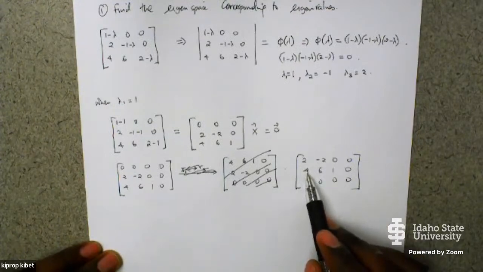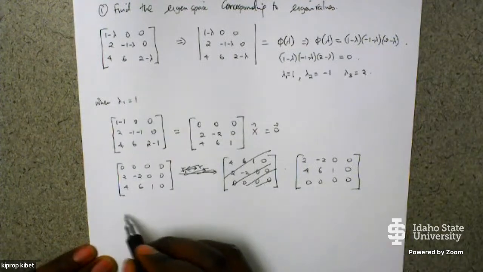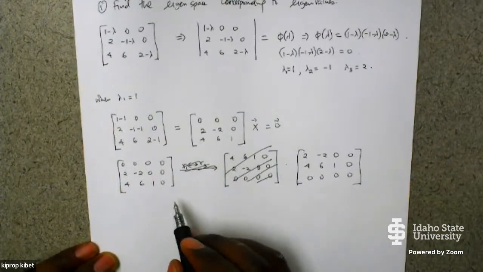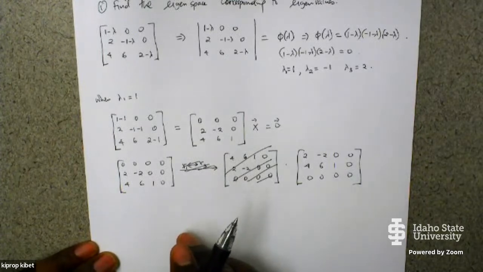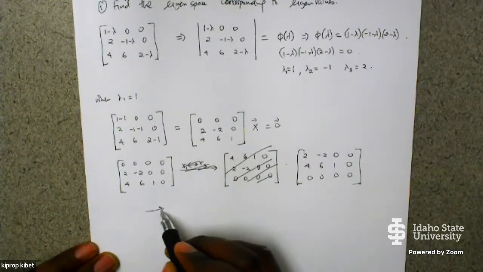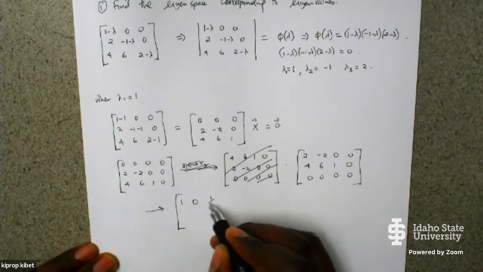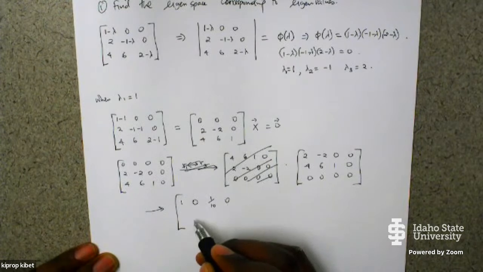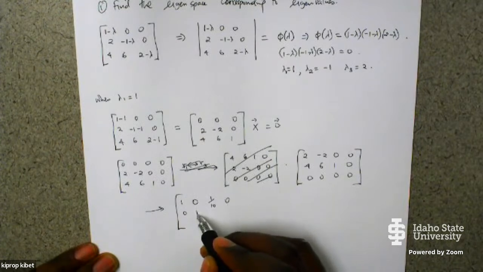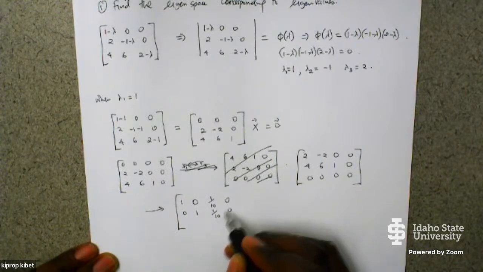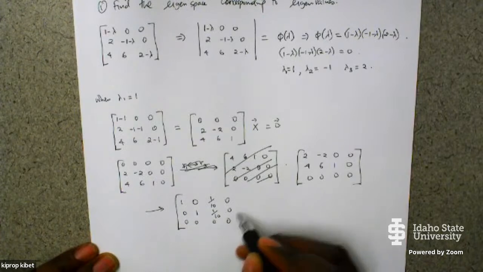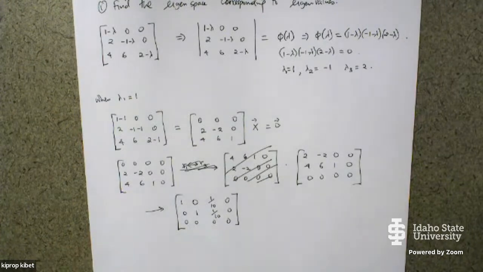When you reduce completely, what you finally get is 1, 0, 1 over 10, 0; 0, 1, 1 over 10, 0; and 0, 0, 0, 0.